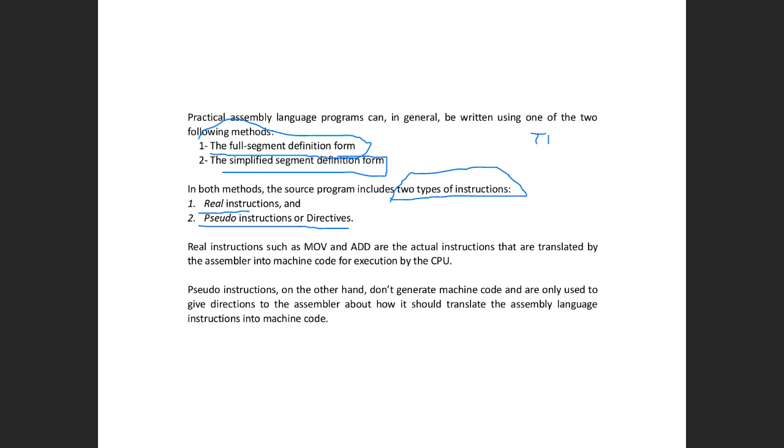This is not part of the program. It's not important info, but if there is any mistake, it shows you the error message. So this is not the real instruction. This is the pseudo instruction.